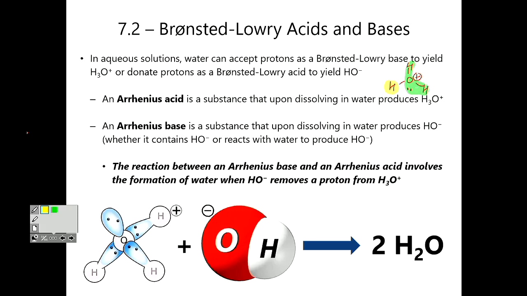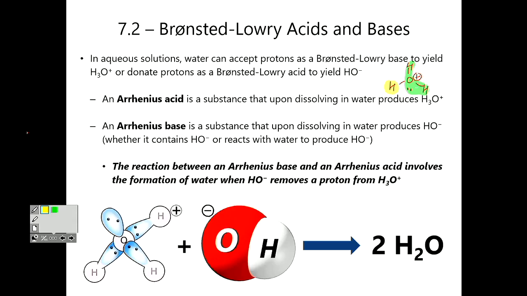But because that is what happens with any acid that dissolves in water, they always will end up producing hydronium, then we simply restrict the definition by defining any substance that upon dissolving in water produces hydronium, that is an Arrhenius acid.